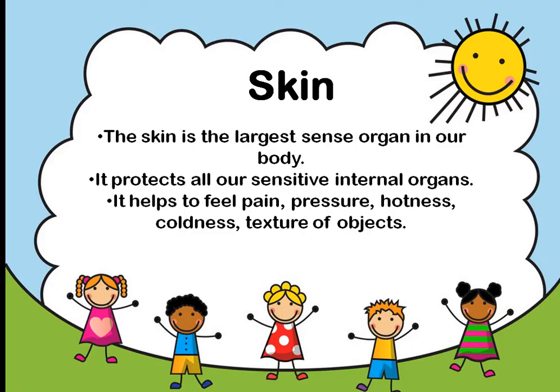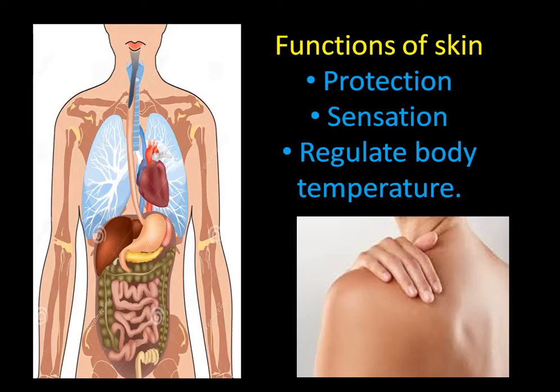Now coming to the last sensory organ, that is the skin. The skin is the largest sense organ of our body, and it protects all our sensitive internal organs and helps us to feel pain, pressure, like someone is pressing, hotness, coldness, whether a thing is hot or cold, and the texture of objects.